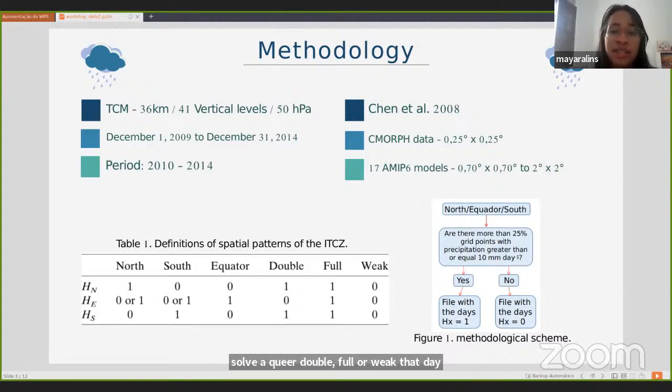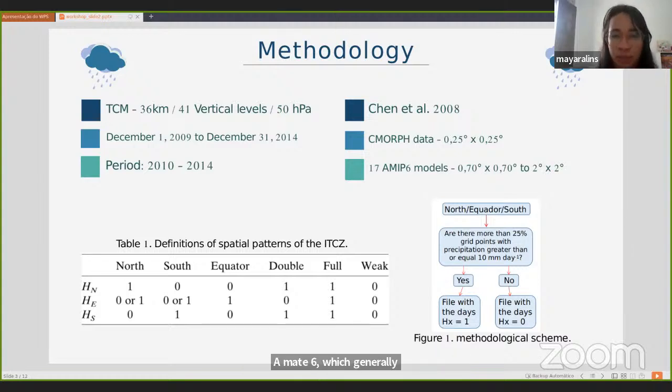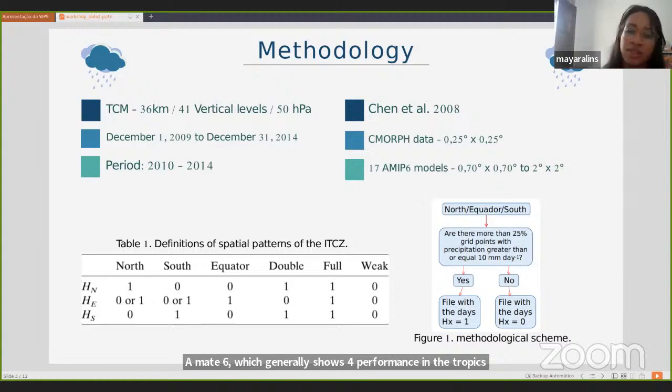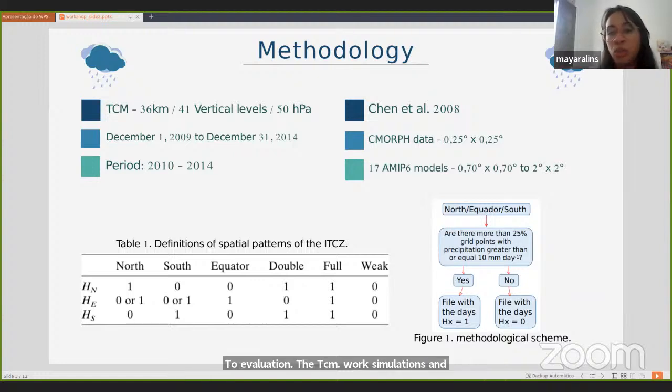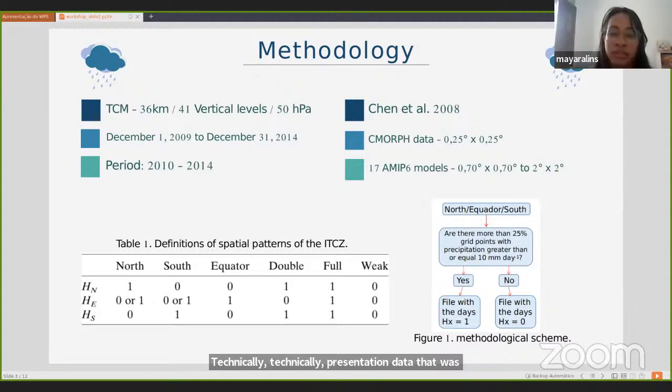Also, we use the same assessment with 14 atmospheric general circulation models from the 6th phase of the Atmospheric Model Intercomparison Project, AMIP, which generally shows poor performance in the tropics. And for evaluation, the TCM WRF simulations and the AMIP ensemble were compared against the Climate Prediction Center morphing technique precipitation data, CMORPH, which was used as observed data.